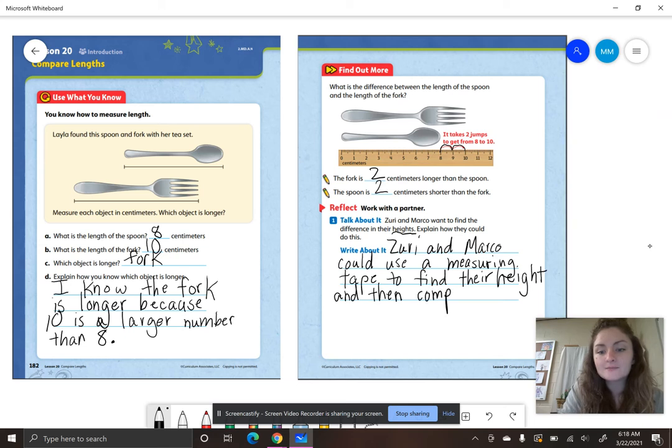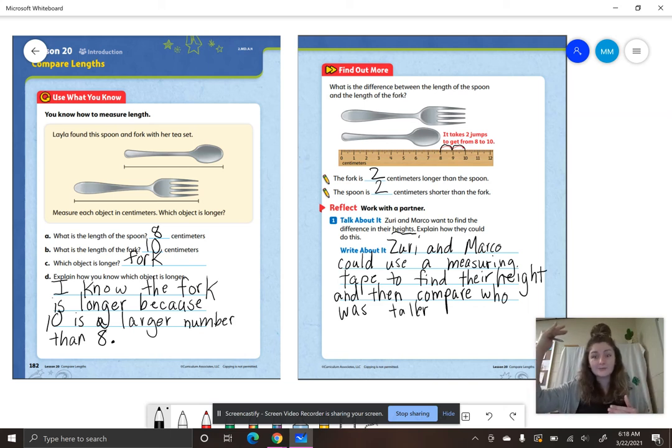compare who was taller, because once they find their heights, then they can compare, right? They can find who was taller or shorter. So let's go back and read this. Let's see if this makes sense. Zuri and Marco could use a measuring tape to find their heights.